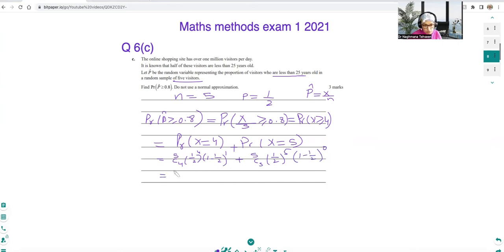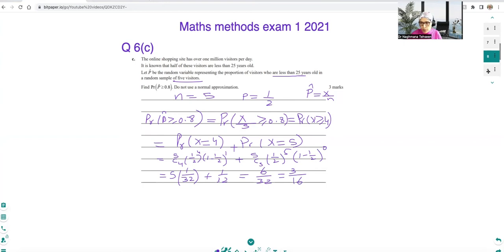This is a non-calculator question. And 1 over 2 to the power 4 would be 1 over 16, and then 1/2 there, so the total is 32. And 5C5 is 1, and this is 1 over 32. So in other words, I've got 6 over 32, which is the same as 3 over 16. So that would be the probability, 3 over 16.